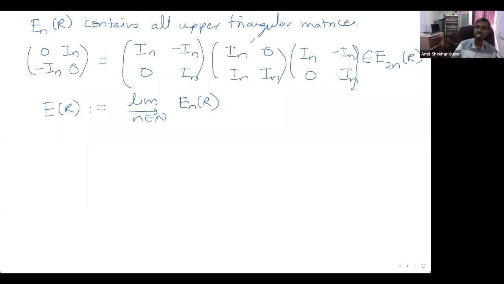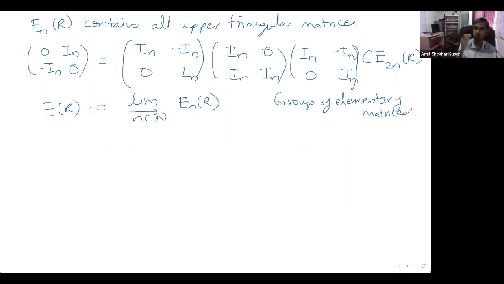That's how this is the elementary group, or group of elementary matrices. Each element in this group is a finite size elementary matrix, but we have padded it so as to make it look like an infinite matrix. That is the property of direct limits.